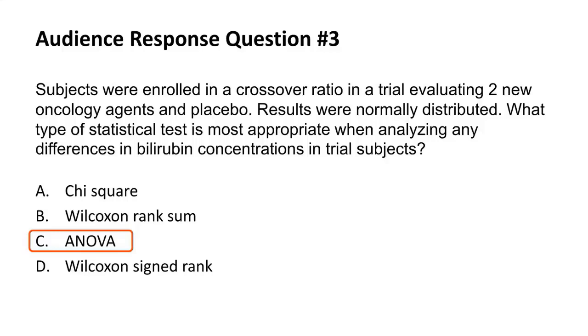Again, chi-square is for nominal data, so that's why that answer is incorrect. And then Wilcoxon rank sum and Wilcoxon signed rank are used for different samples, however, only when you have 2 groups. And if you have continuous data like we do in this example with the bilirubin concentrations, you would use Wilcoxon rank sum if the continuous data were not normally distributed.